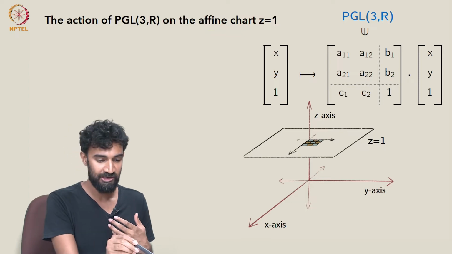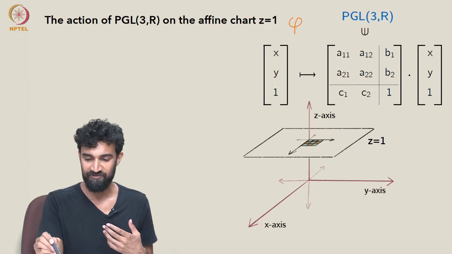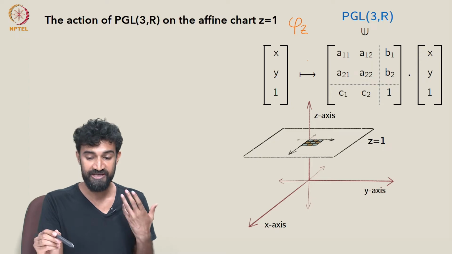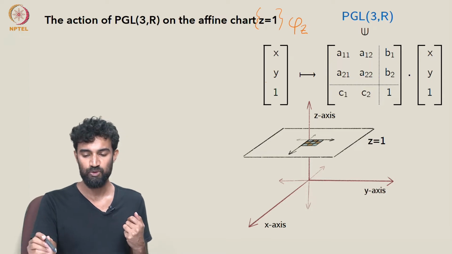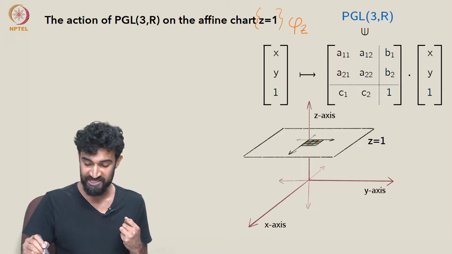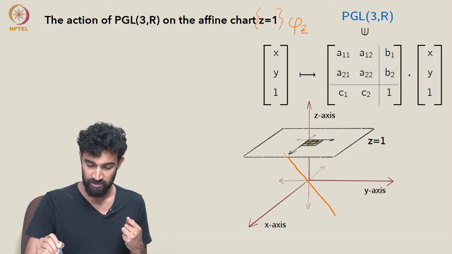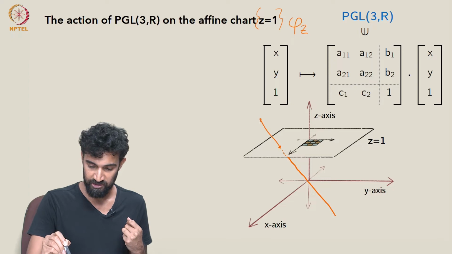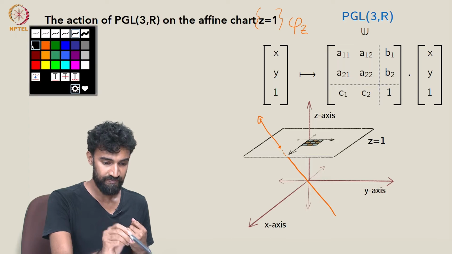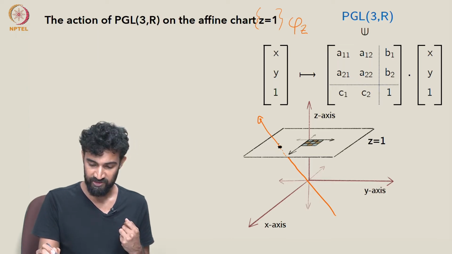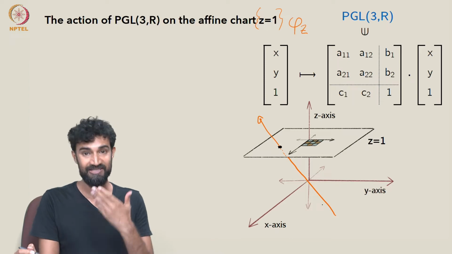Remember, there's an affine chart we defined called phi z, which takes RP2 to the plane z equals 1. And the way it works is it'll take any line through the origin here and map it to this point in z equals 1 where it hits z equals 1.